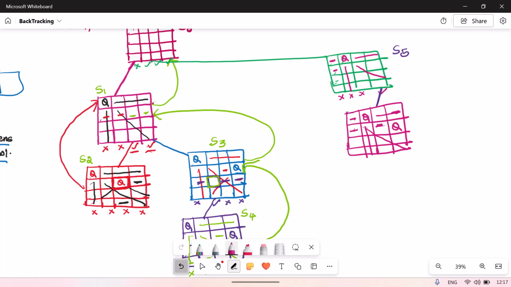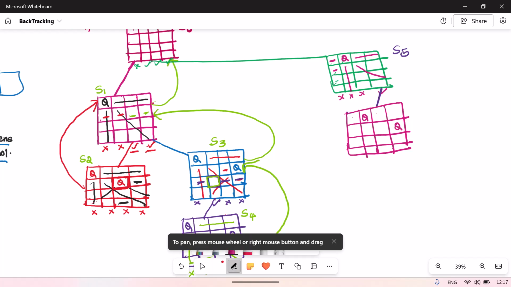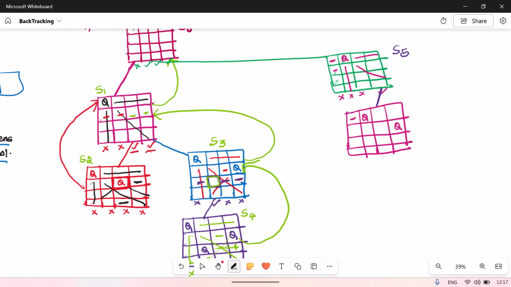Correct? So let us make it neat. So first queen is here. Second queen is coming here. Now with respect to that, let us. So here not possible, not possible. Same column, same diagonal. This is also a diagonal.